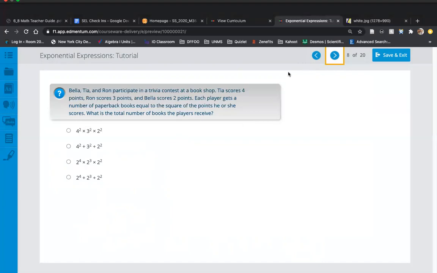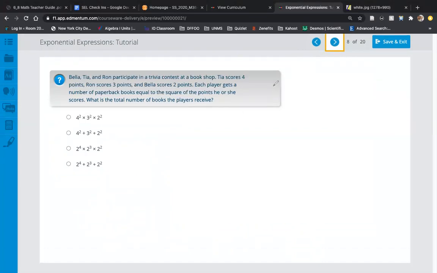And I usually find with these, it's easy to just write things out, right? So let's say I have Bella here, right? That's your name, Bella. I've got Tia. I don't think we have a Tia or a Ron. Let's start with what we see here, all right? I see people writing some answers out there. Good.